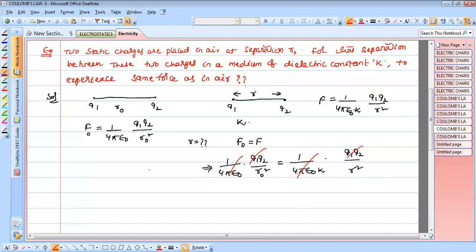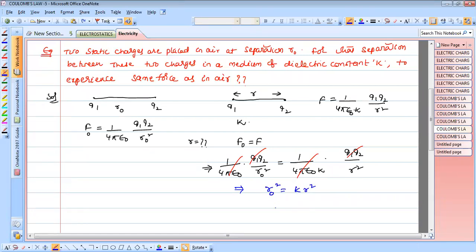So now we have K into R naught square equals K into R square. Wait, more precisely R naught square equals K into R square.